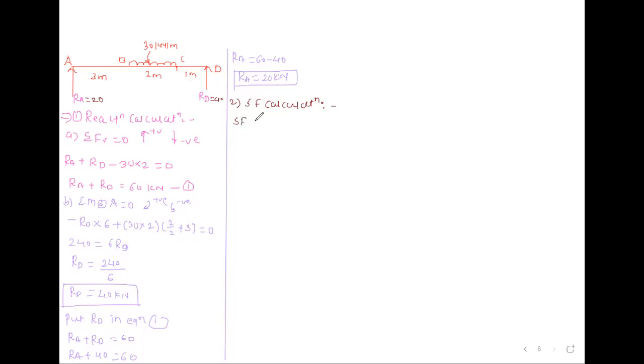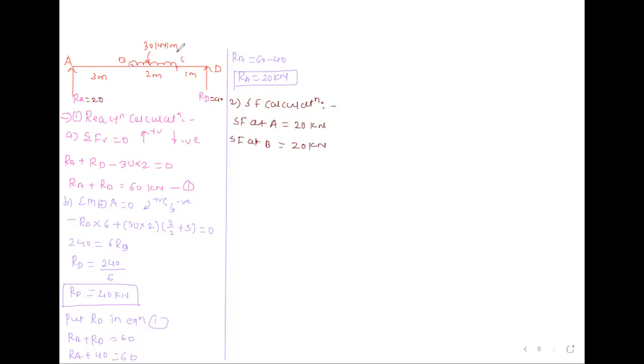Shear force at A is equal to upward force is there, so 20 kilonewton. After that, shear force at B. There is no any force in between A to B. So we will calculate at B. So shear force at B is same because here no force. So at B again 20 kilonewton.